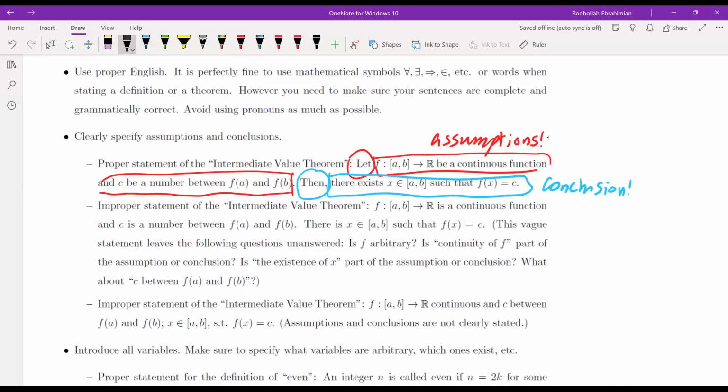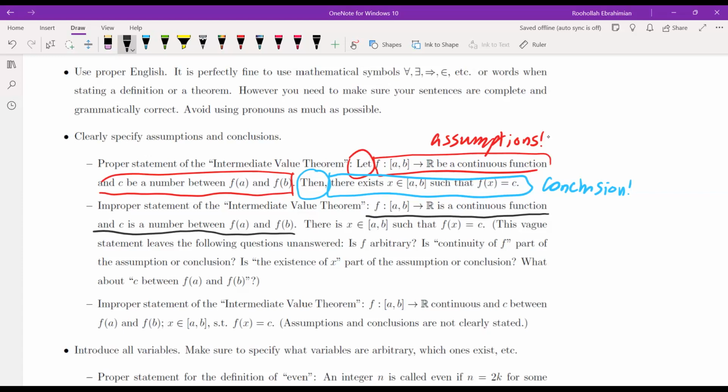Here are a couple of examples that I have seen when I have given exams. So f from [a,b] to R is a continuous function, and c is between f(a) and f(b). It is unclear whether this statement is part of the assumption or part of the conclusion. When you say f from [a,b] to R is a continuous function, what does it mean?